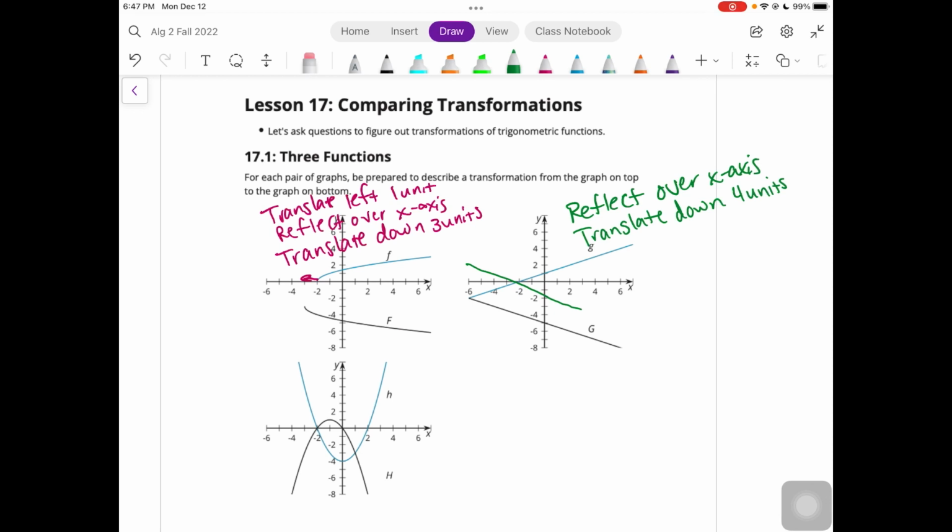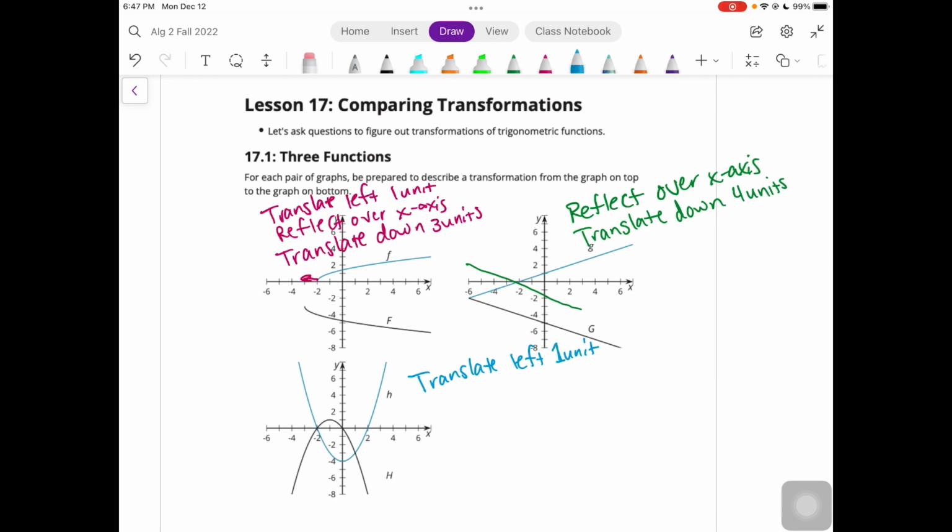All right, and then let's take a look at the H functions. We are going to translate left 1 unit. And then that's a 1, not an L, 1 unit.